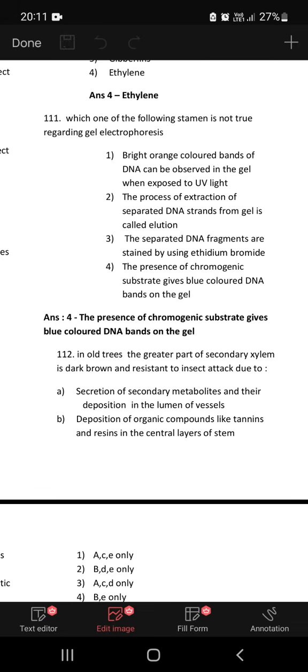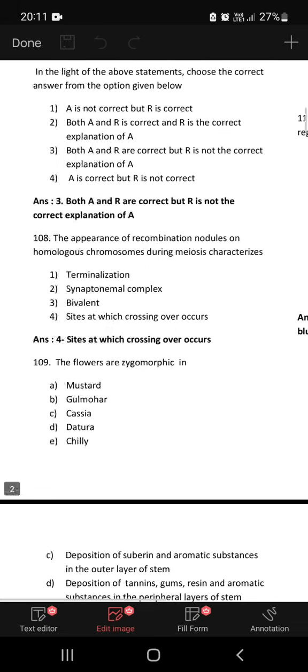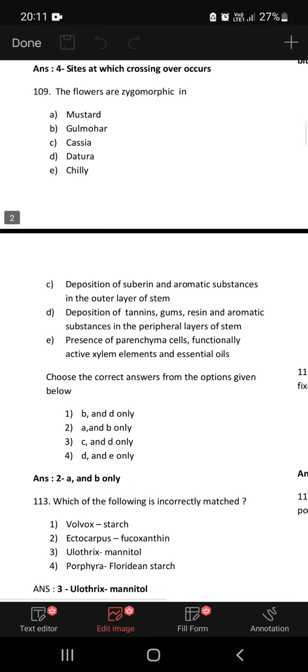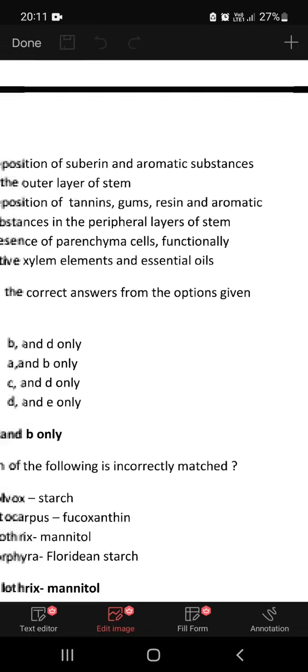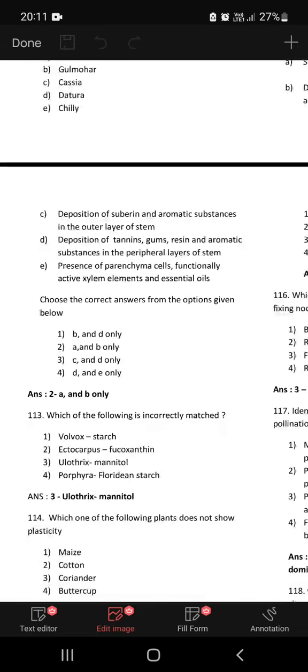Deposition of organic compounds like tannins and resins in the central layers of stem. Deposition of suberin and aromatic substances in the outer layer of stem, and deposition of tannins, gums, resins and aromatic substances in the peripheral layers. Presence of parenchyma cells, functionally active xylem elements and essential oils.